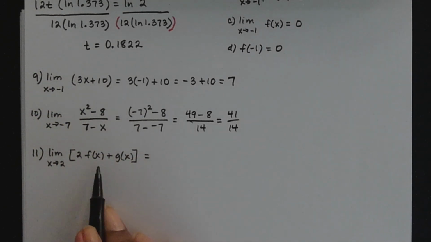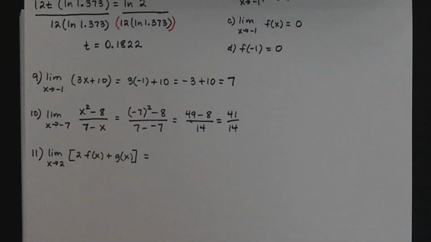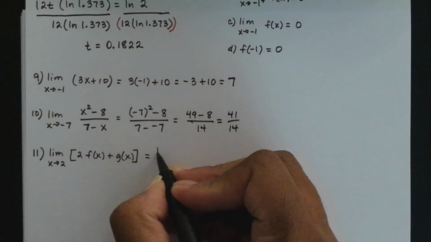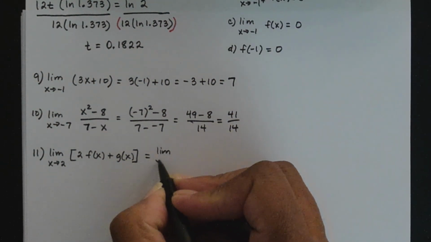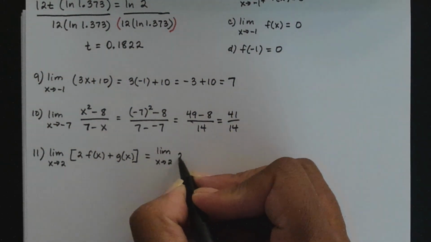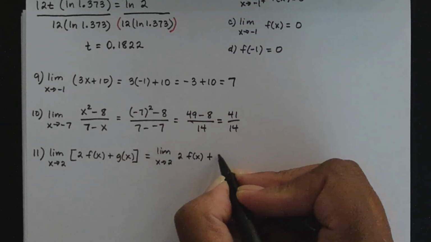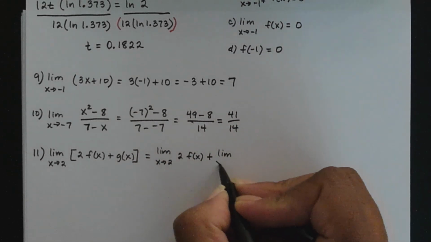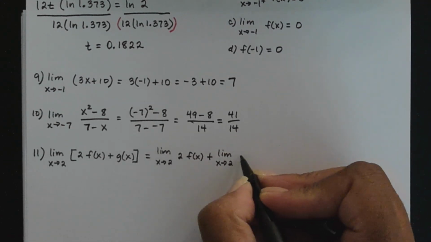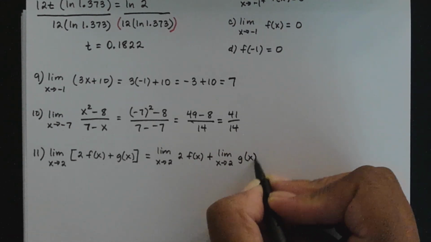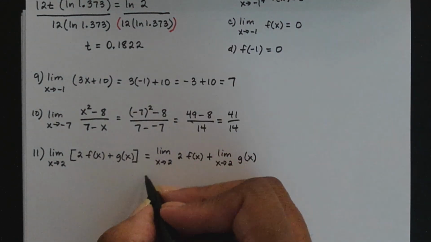Here I got the limit of a sum. I can write that as the sum of their individual limits. So I can write this as a limit as x approaches 2 of 2 times f of x, and then plus the limit as x approaches 2 of g of x.